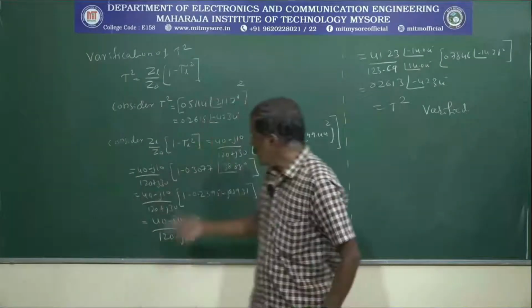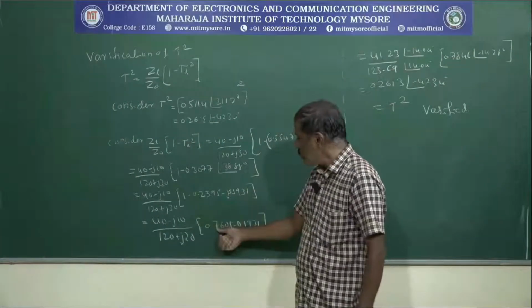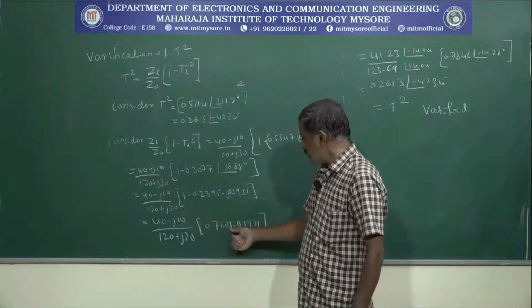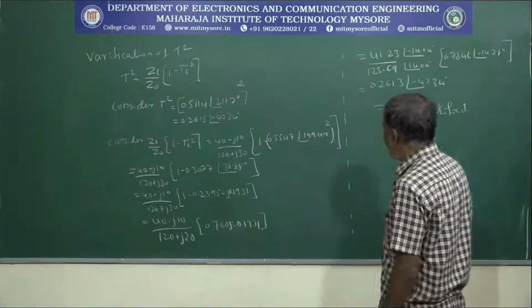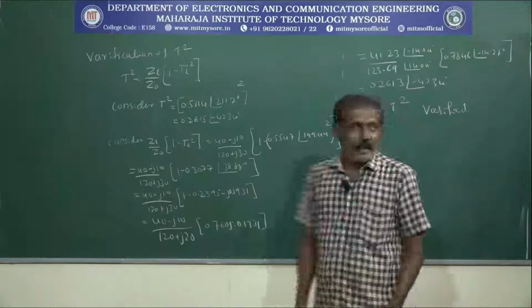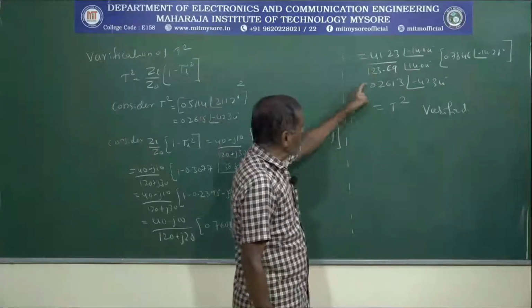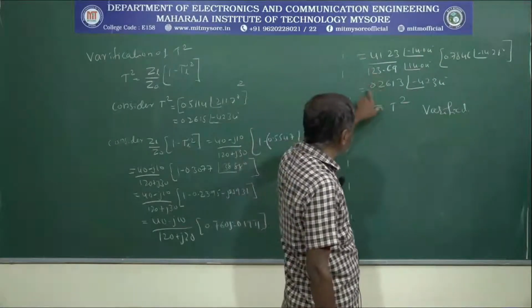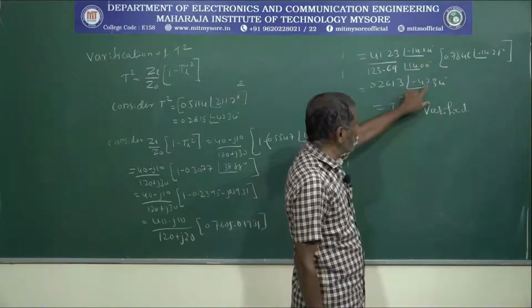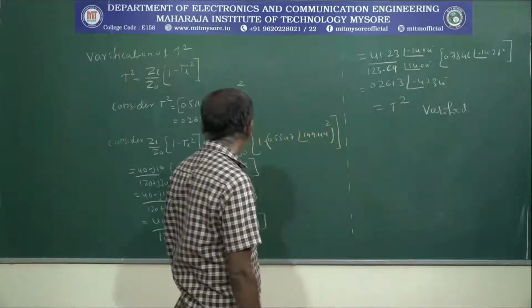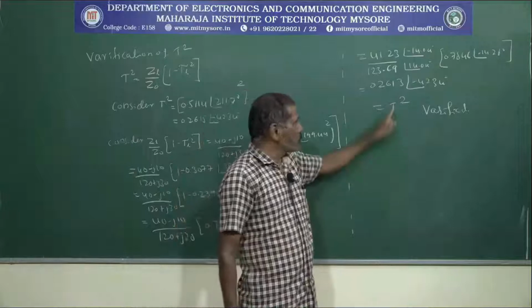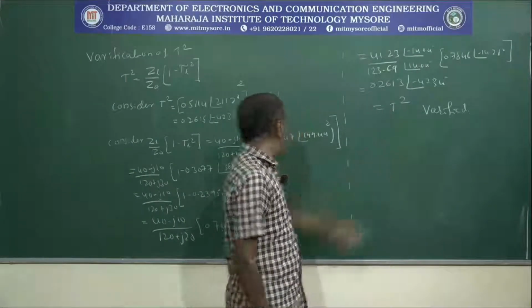Then if you simplify this particular value, I am going to get 0.7605 minus 0.1931. After further simplification, I am going to get this value as 0.2613 at an angle of minus 0.4234. So this value is equal to T square.